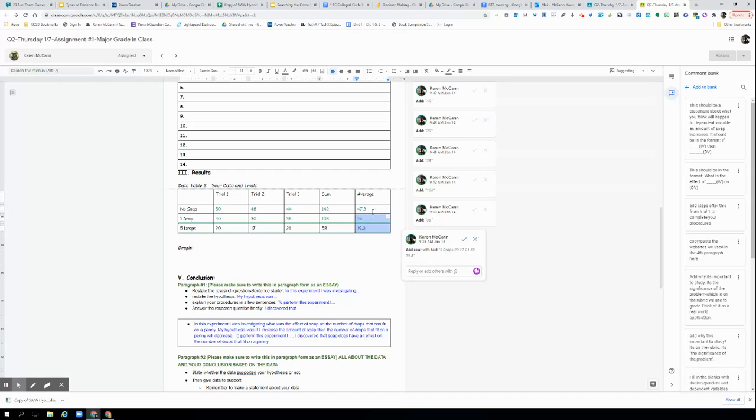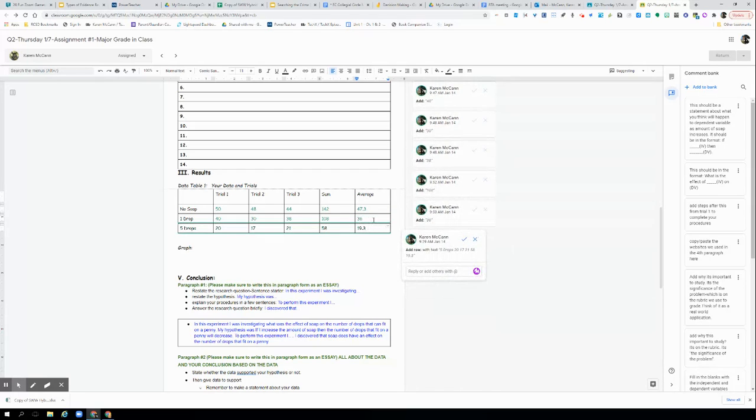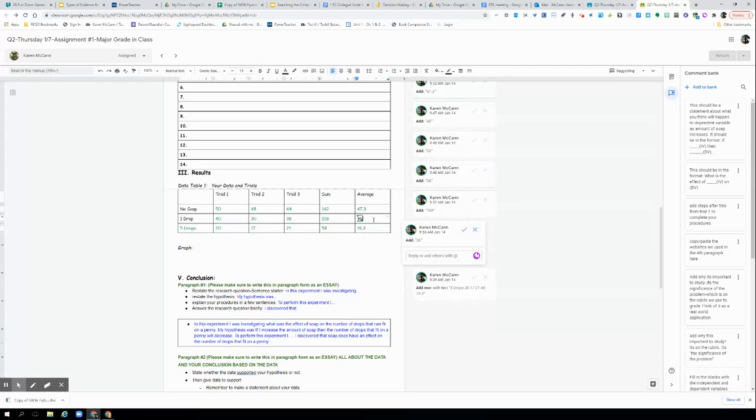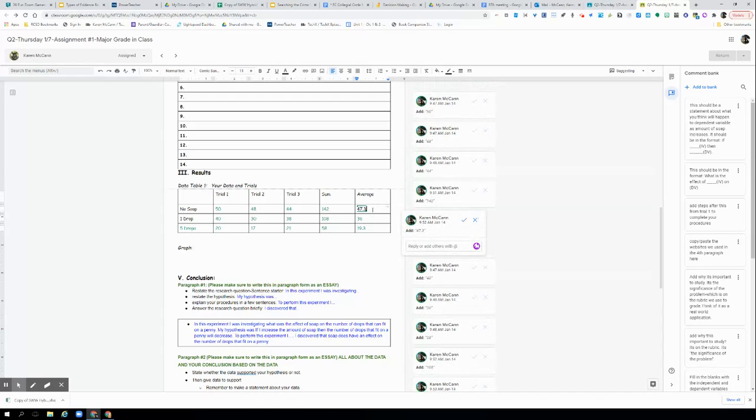So when you're looking at this, once you know what your trend in your data is, you're going to want to go up to your hypothesis and see, is that what I thought was going to happen, or did something else happen? And in science, at least 50% of the time, our hypothesis in the end is not supported by the data in our experiment. Now, before this year, you might have been taught to say your hypothesis was right or wrong.